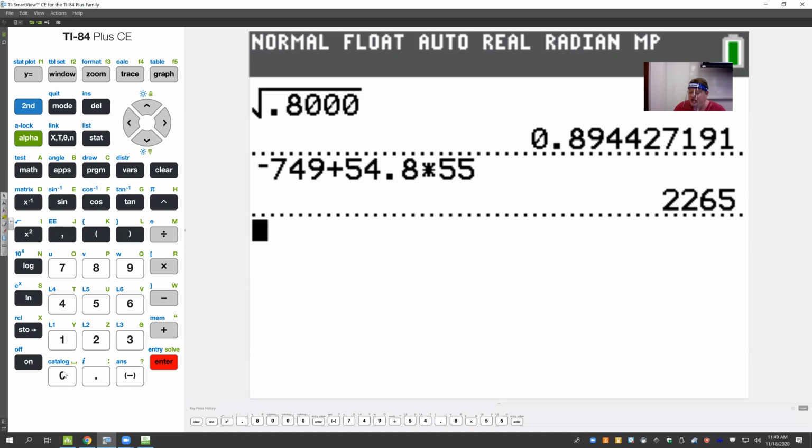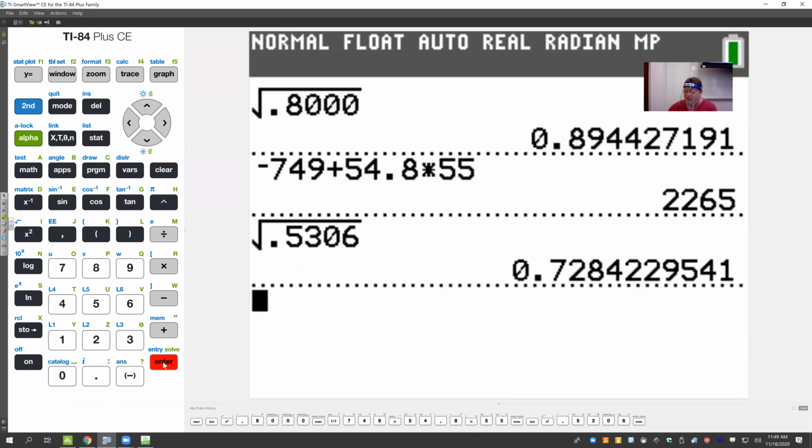So again, using your calculator, we do second square root 0.5306, enter, and we get 0.7284.